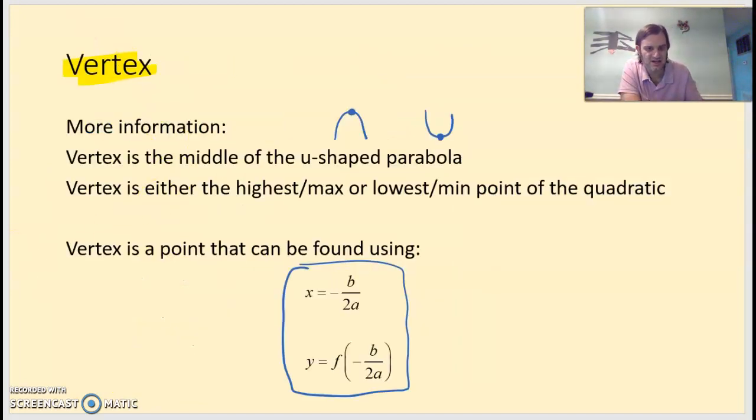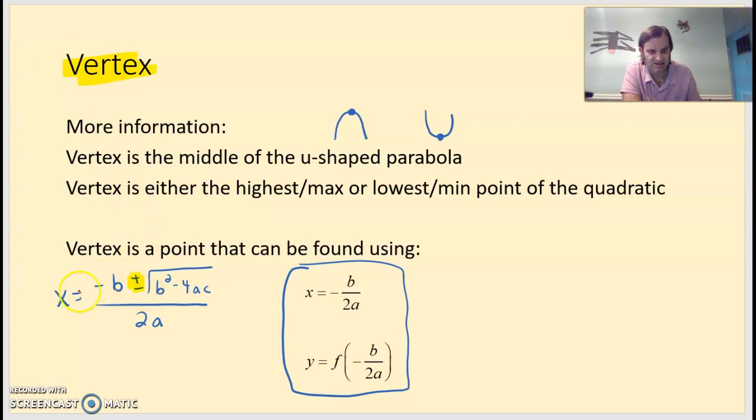So we could also find x-intercepts using the quadratic formula. Negative b plus or minus the square root of b squared minus 4ac, all over 2a. Well, if you notice this plus or minus in here, basically we're taking the negative b over 2a and keeping it consistent. That is actually the vertex coordinate.